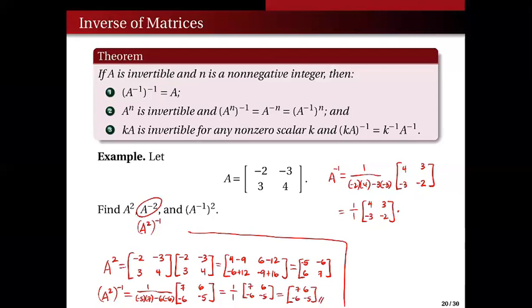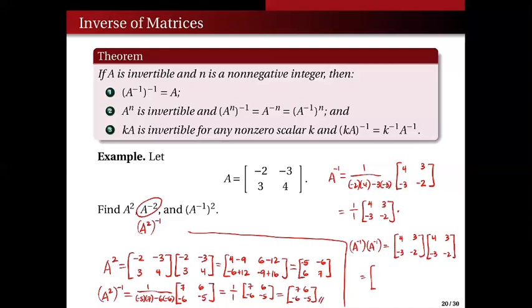And then if you square this, you should get this matrix here. Let's calculate A inverse times A inverse. We have here 4, 3, negative 3, negative 2, times 4, 3, negative 3, negative 2.